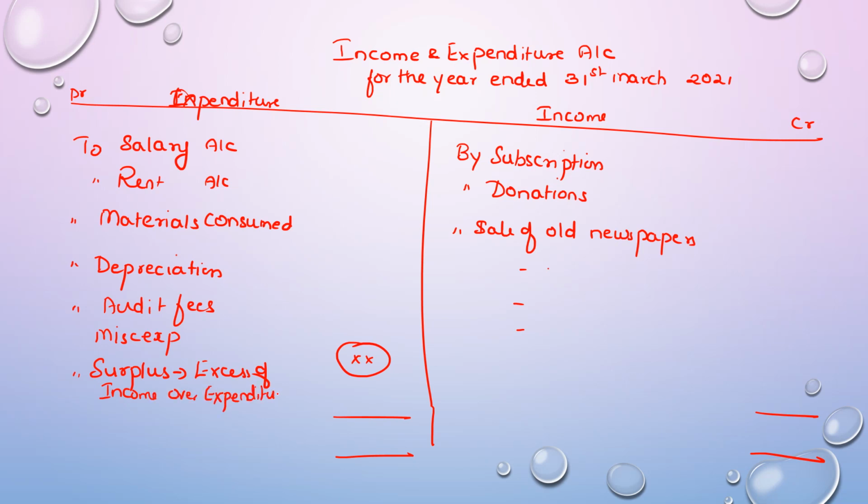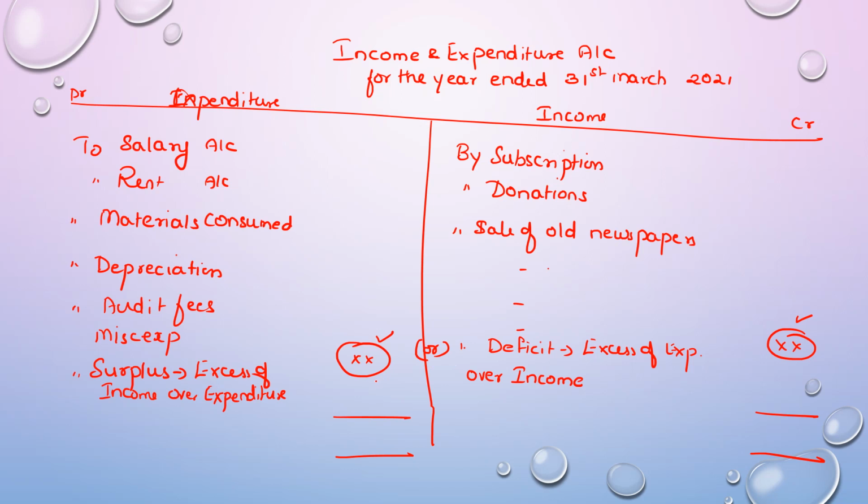However, if the expenditures are more than the income, then you would get the balancing figure on this side. That is called a deficit, which is the excess of expenditure over income. So you can have either a surplus or a deficit.